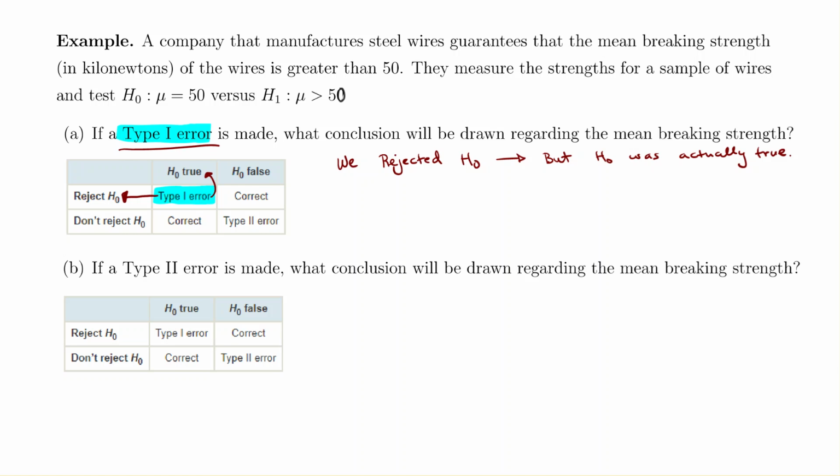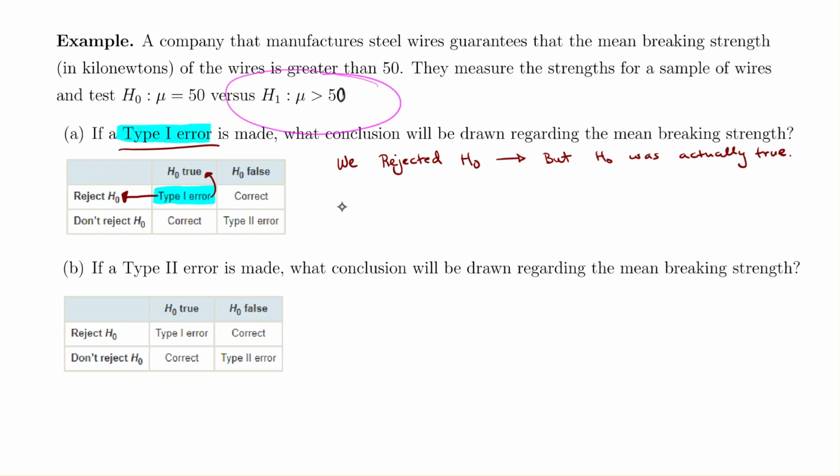It said, if we made the type 1 error, what would have been our conclusion that we drew after the hypothesis test? Well, our conclusion would have been to reject H0, and when you reject H0, then you assume H1 is true.